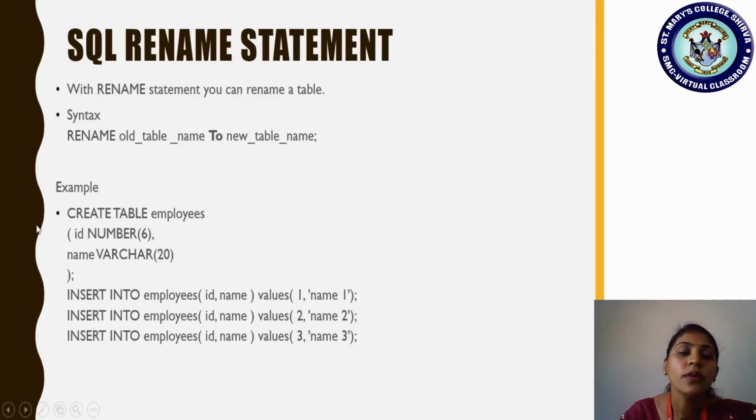Okay, so what happens while inserting here? Insert into employees. If I have inserted ID one and name one, it is okay. The same values will be taken for ID and name. Suppose for the second insertion, I inserted only the ID and skipped the name of the employee.